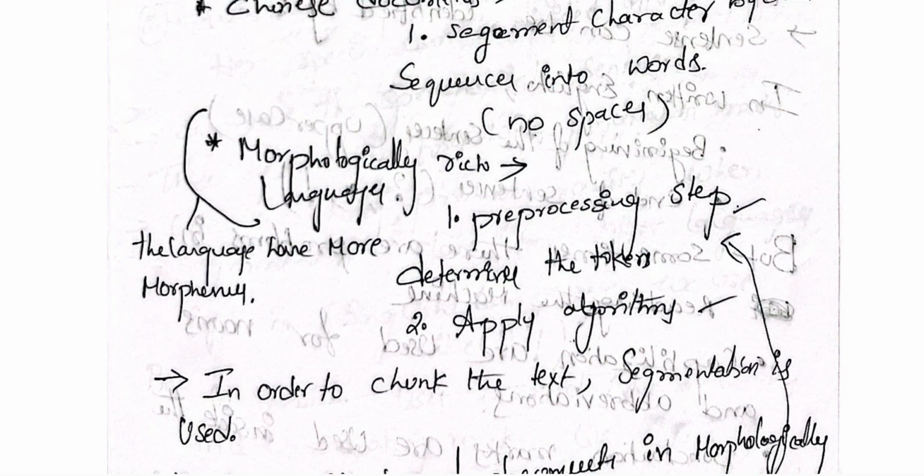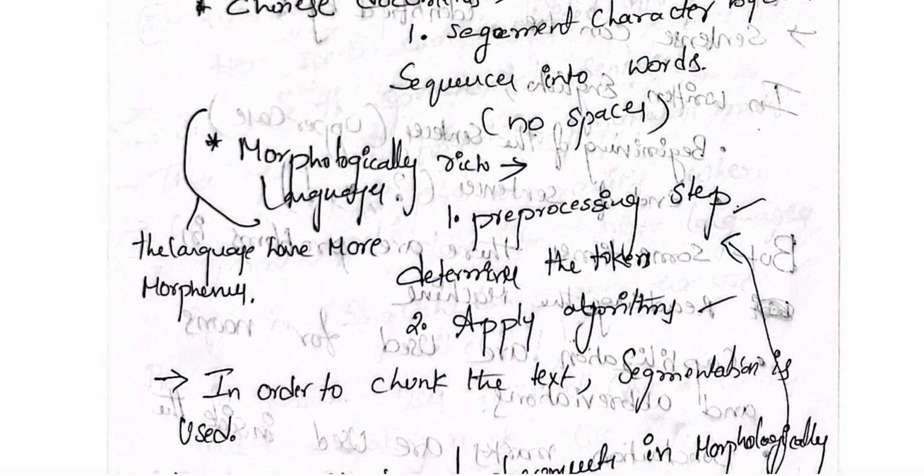Here I wrote that the languages have more morphemes. I think you know what a morpheme is. A morpheme is a small individual unit in the sentence which has a specific meaning. Listen again carefully: a morpheme is a small individual unit which has a specific meaning.